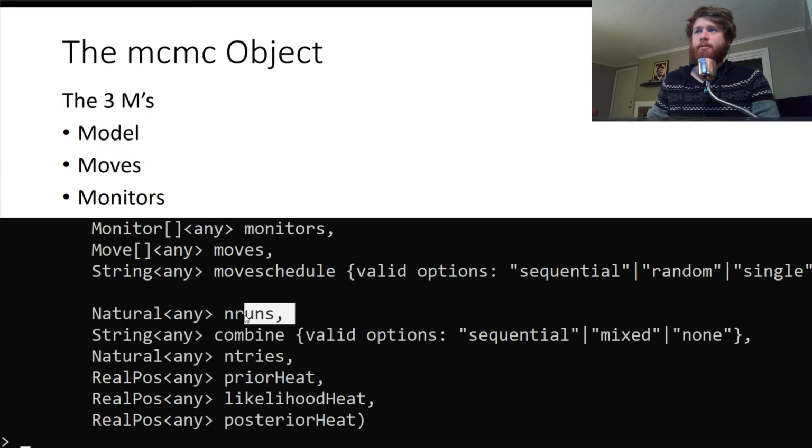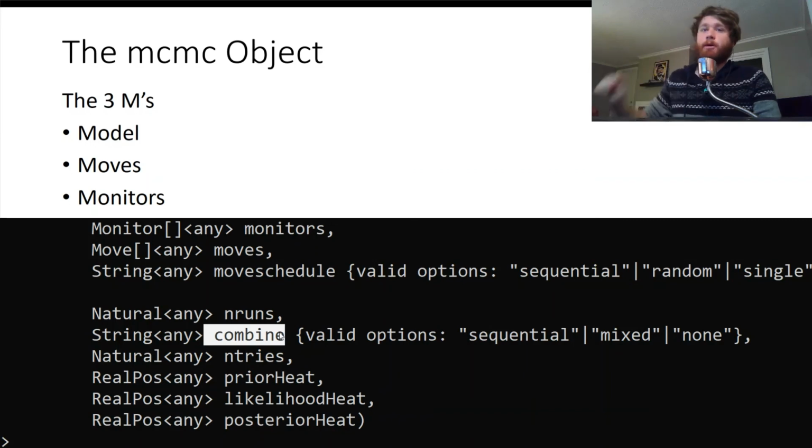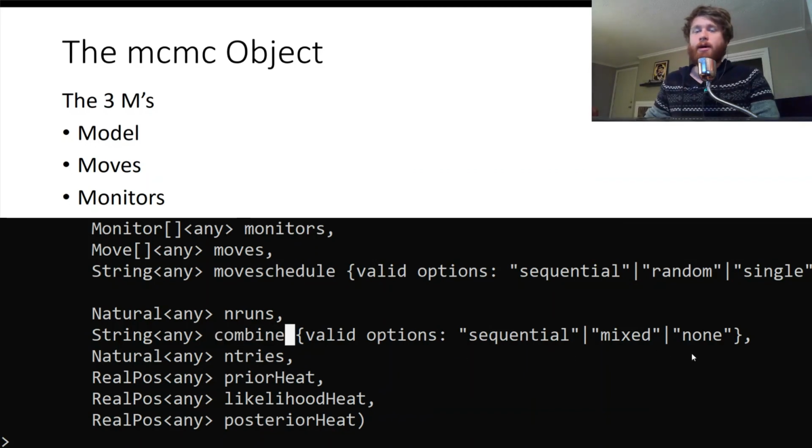Next up is n runs, and that's if you want to do multiple independent MCMC runs at a time. This can be helpful for assessing convergence, or if you just want to run multiple and compare them. Next up is combine, and that's if you happen to do multiple runs. This tells you how they will get combined.